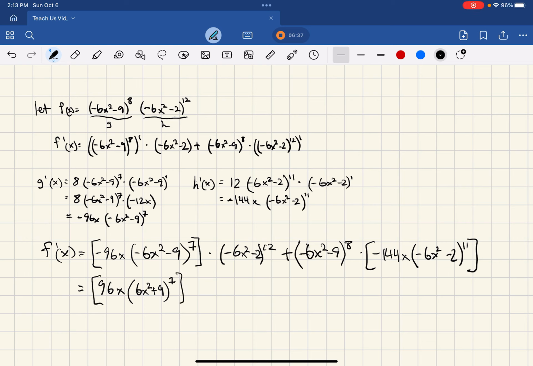Negative 6x squared minus 2 to the 12th power, since it's an even exponent, we know everything's going to be positive, so we can rewrite this as 6 times x squared plus 2.